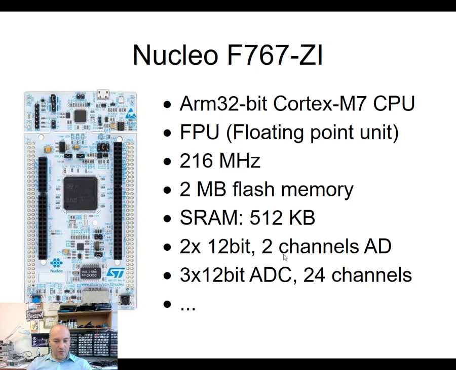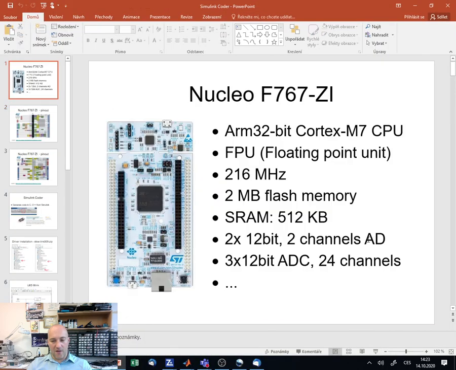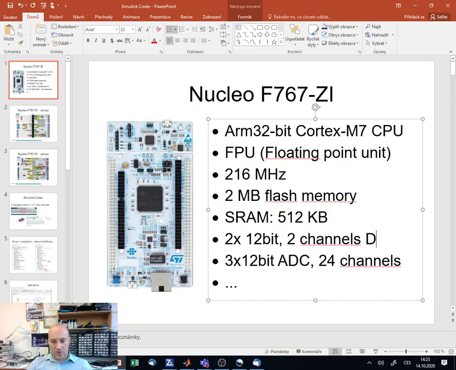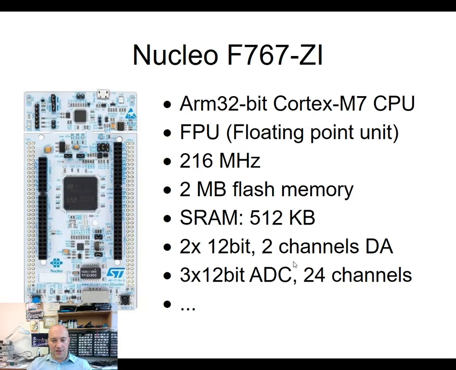Now those two peripherals that you see here will be quite important for us because we will be using an analog to digital converter and the digital to analog converter as well. Actually here I see that I have an error. This should be 2-channel DA, not AD. So we have a 2-channel digital to analog converter, which has a resolution of 12 bits, and we actually have an analog to digital converter, which allows us up to 24 channels.